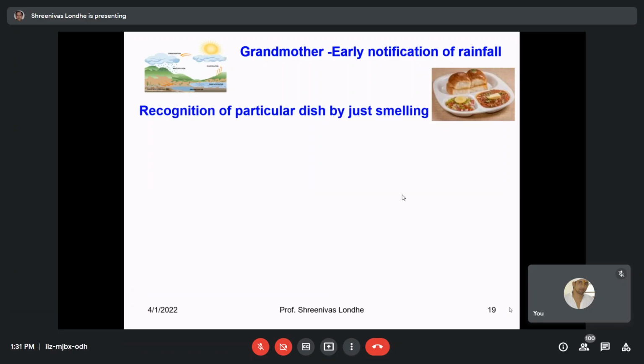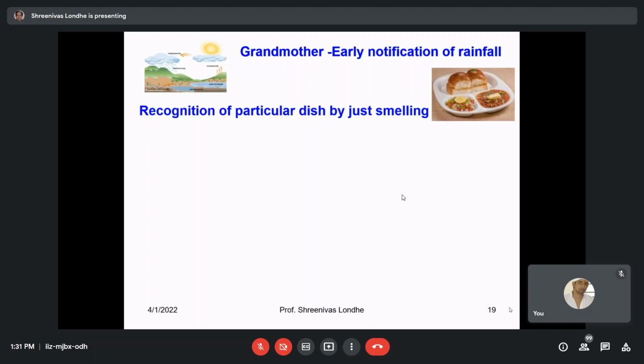We recognize it because that particular smell was stored in the human brain. And when today again you smell the same thing, immediately your brain recalls that memory, recalls that knowledge, and the decision is in your mind that yes, today jalebi is being made because it is the same smell.